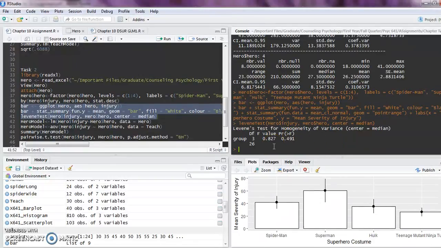So that value right there is telling us that our variances are not equal to one another. Oh, they are. Scratch those words a couple seconds ago. So our data is not different from each other. So our assumptions have been met. So that means we can carry on without any extra work.